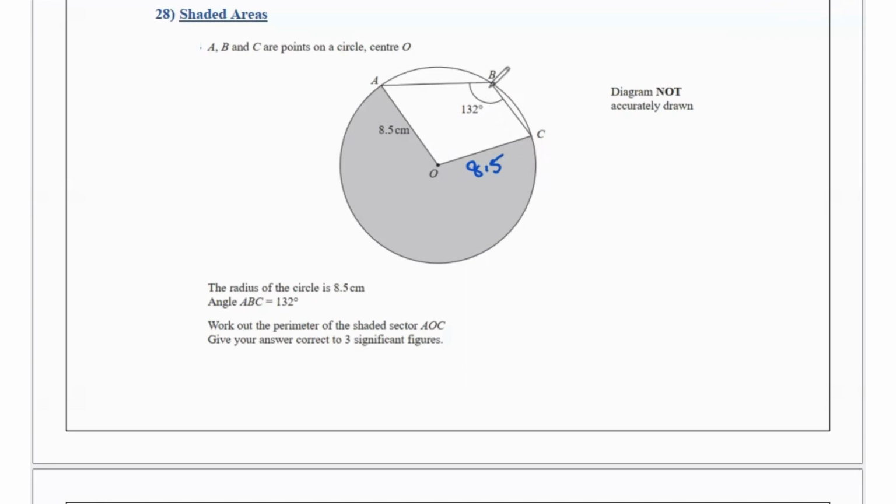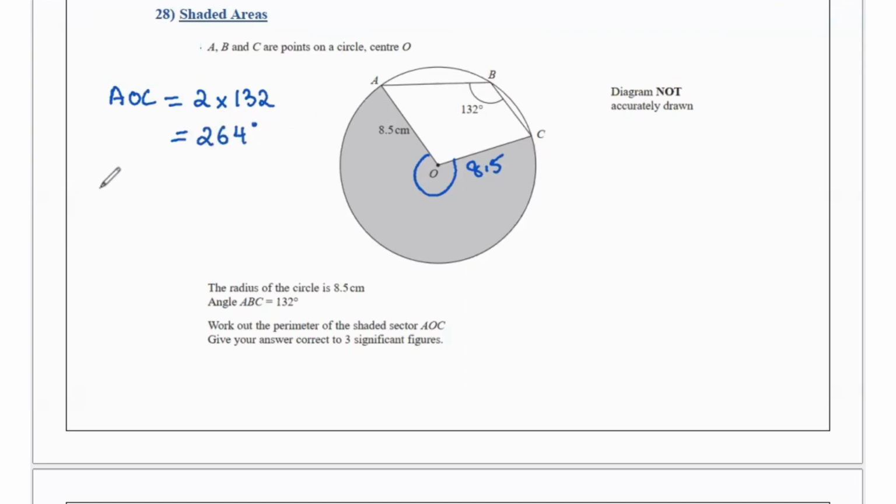So if you remember, angles at the center are twice the angle at the circumference, which means this angle is going to be twice of 132. So angle AOC is 2 times 132, which is equal to 264.